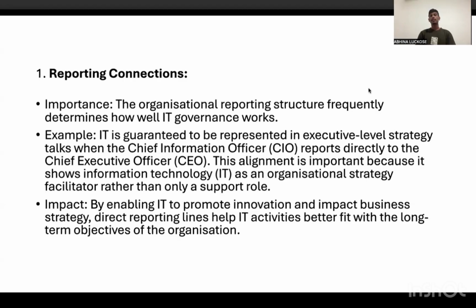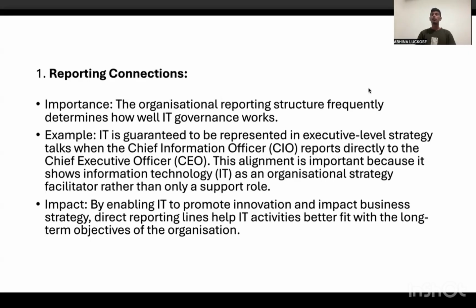The reporting connections. The importance of reporting connections is that the organizational reporting structure frequently determines how well IT governance works. For example, IT is guaranteed to be represented in executive level strategy talks when the CIO, that is Chief Information Officer, reports directly to the Chief Executive Officer.